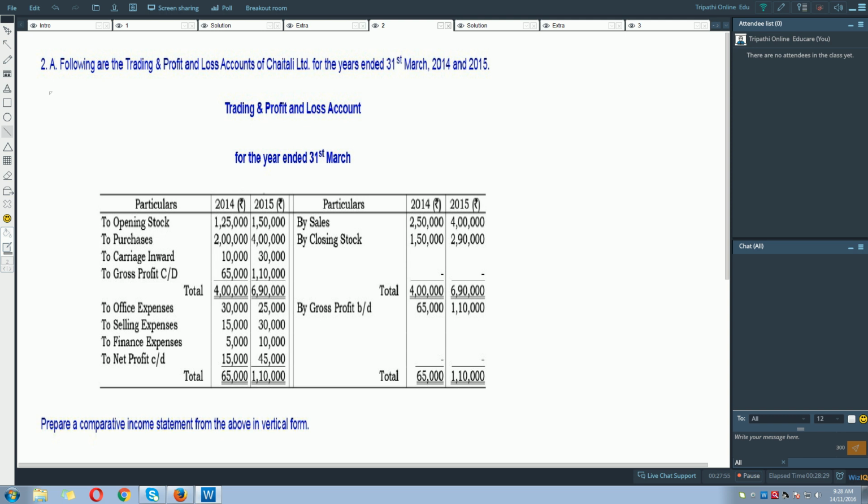So balance sheet is telling right. Now let us go for the next question.